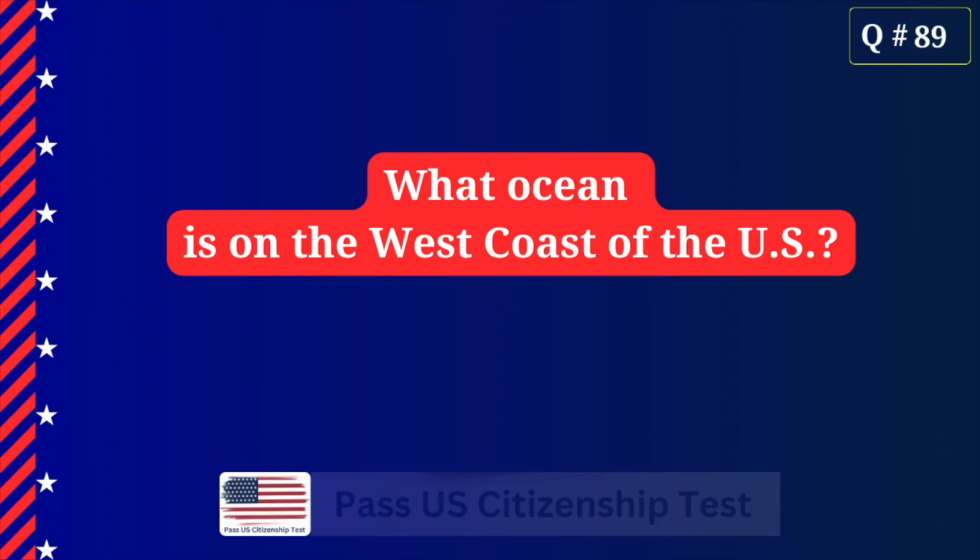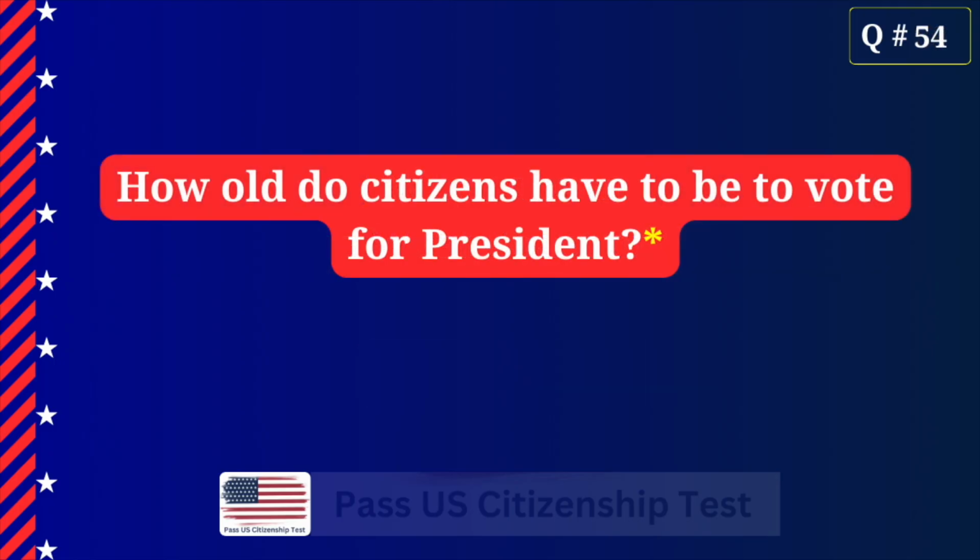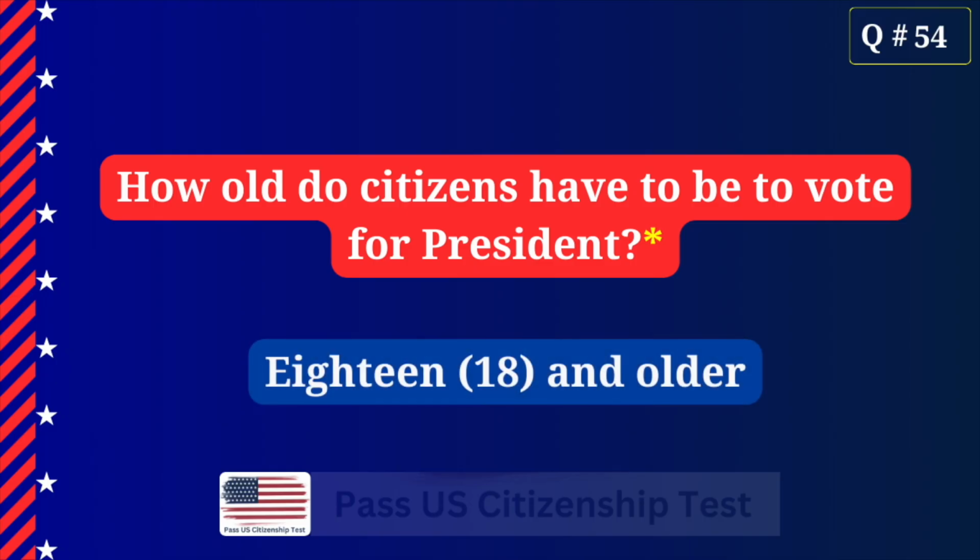What ocean is on the west coast of the United States? Pacific Ocean. How old do citizens have to be to vote for president? 18 and older.